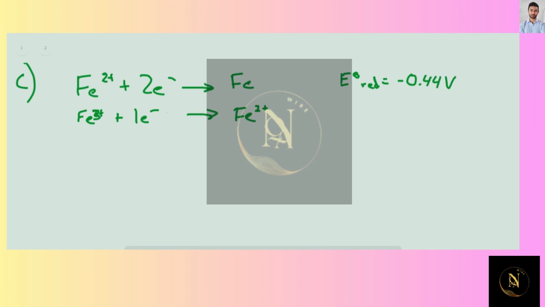And the reduction of iron 3 to iron 2 is, if we check Appendix E, positive 0.77.